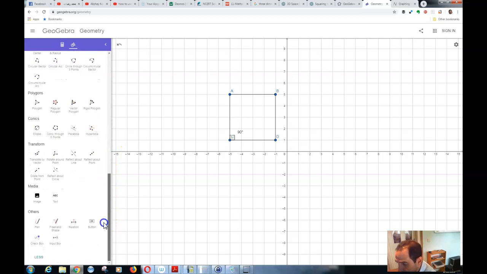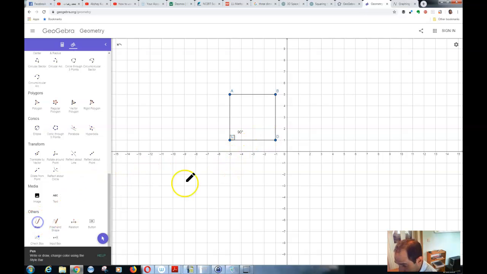There seems to be more here. There is a pen over here, freehand shape, relation, button, checkbox, input box. I don't know really what these do. Let me see.